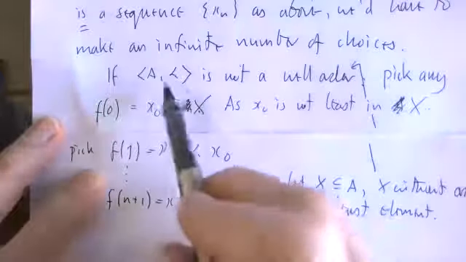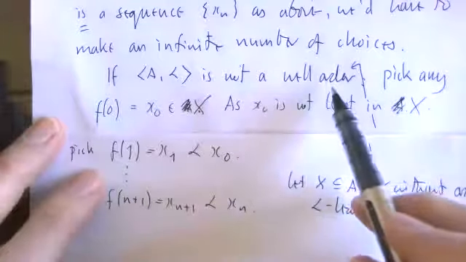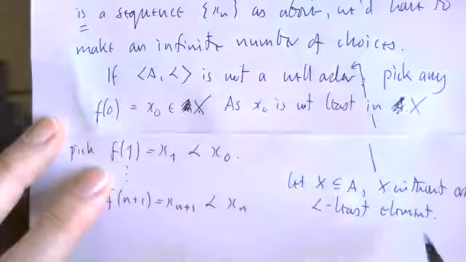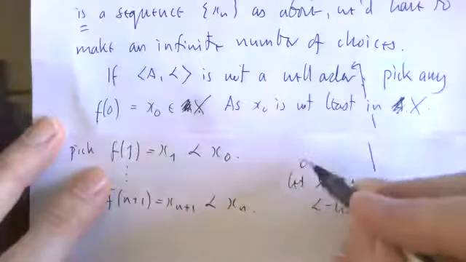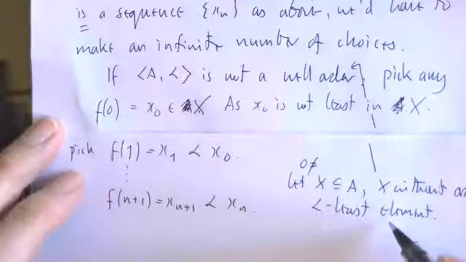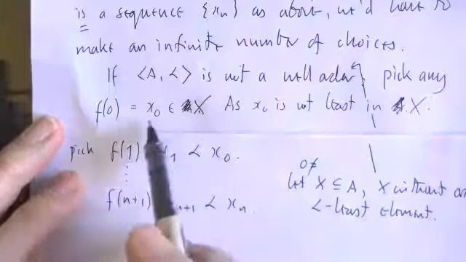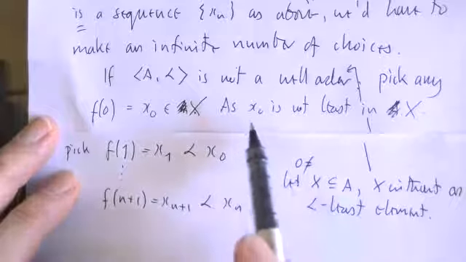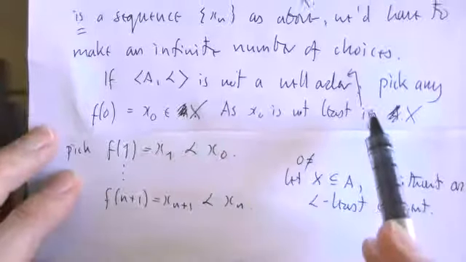So if our A here is not a well order, there's a non-empty subset which is without a least element. So I pick x0 in this X, but x0 is not least, so there is something below it.